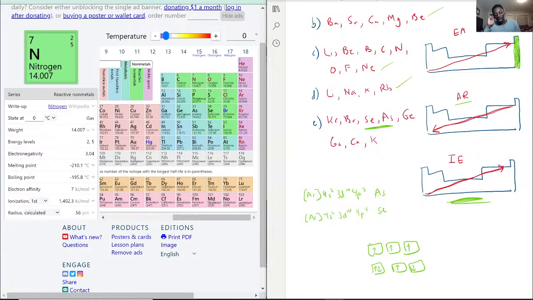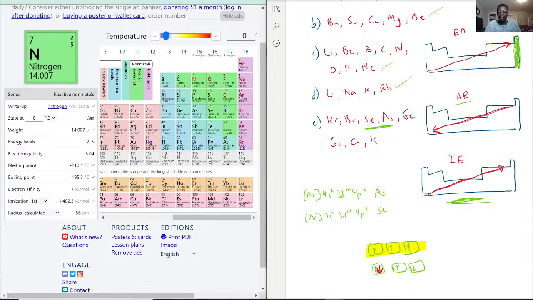Because it has 1 electron in each orbital, these electrons are more stable, hence trying to destabilize them would be tougher. That is what this question is saying. So for selenium, it wouldn't be too hard to pluck out this electron, because it's the odd one out.